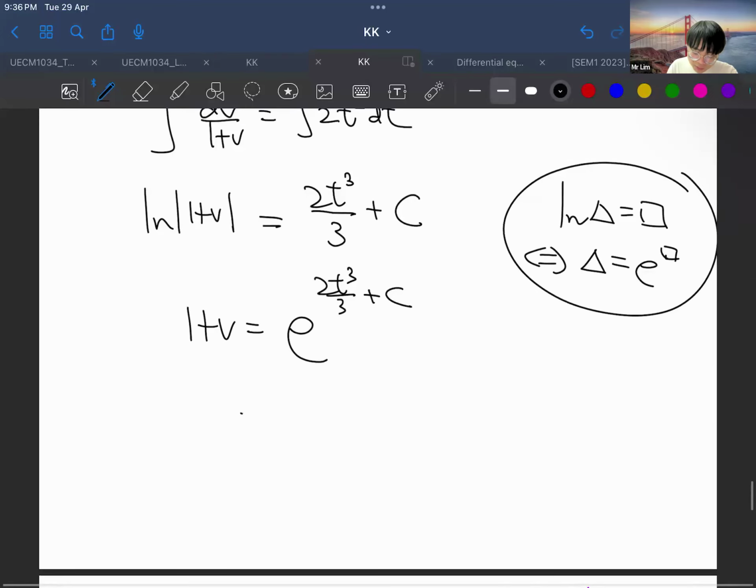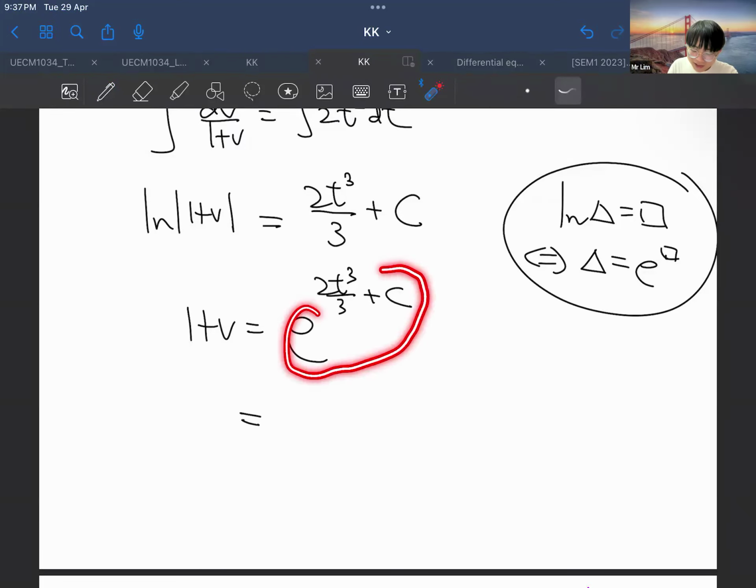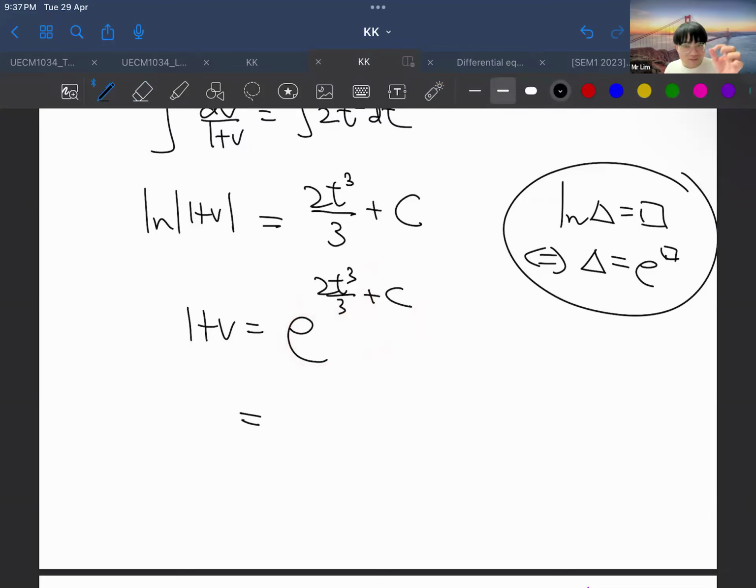Normally e to the c, I'm just going to call it A. I haven't explained this in class yet, but today is very intensive because you're going to submit your work, so I leave some detail to be explained in future lessons. So v is equal to this one minus 1.